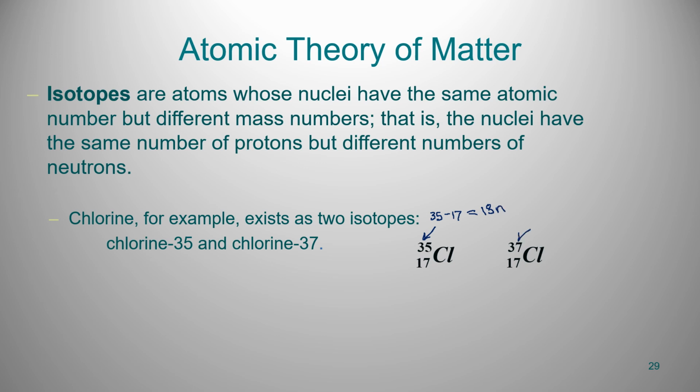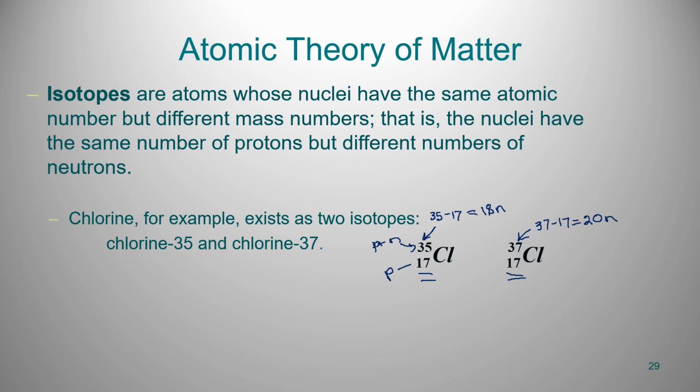Chlorine 37, therefore, has 37 minus 17, which is 20 neutrons. So they have a different number of neutrons. Again, they have to have the same number of protons because they're the same element. So this is protons plus neutrons, and this is protons.